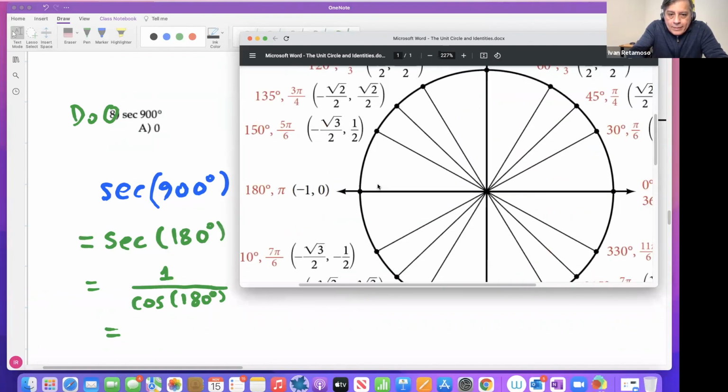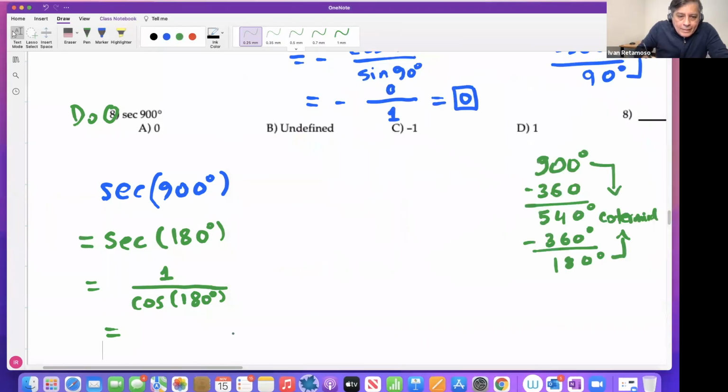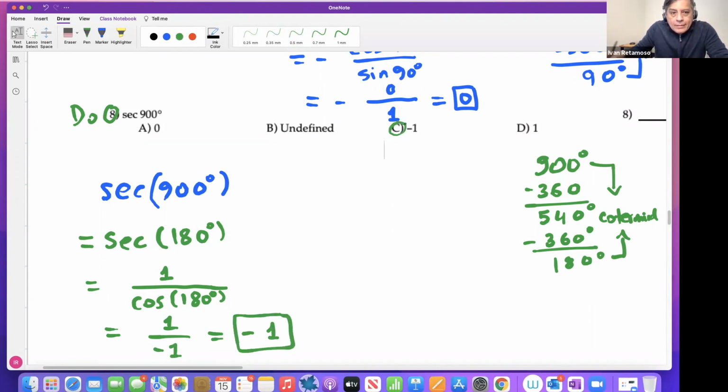Look at the first coordinate, because remember in the unit circle, the first coordinate is cosine, the second coordinate is sine. So cosine of 180 degrees, equivalently cosine of pi radians, is -1. So let's do 1 over -1, final result -1. So this is for number 8.